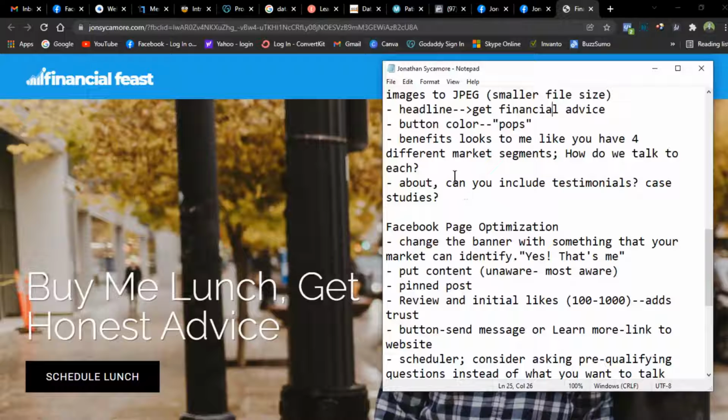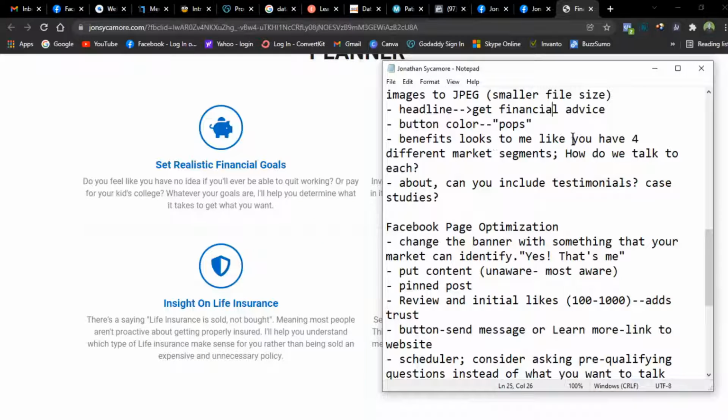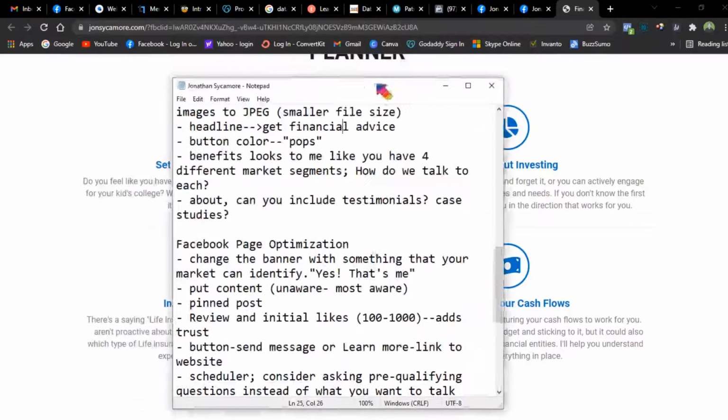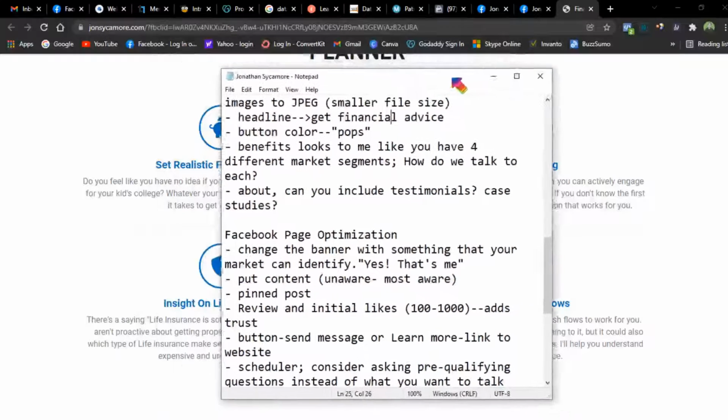So yeah, looking at your benefits here, it looks to me like you have 4 different market segments. People who might have no idea how to handle their financials, maybe that's me, and there's people who are interested in insurance or in investing, or maybe they have a business and they want some help managing their cash flows.